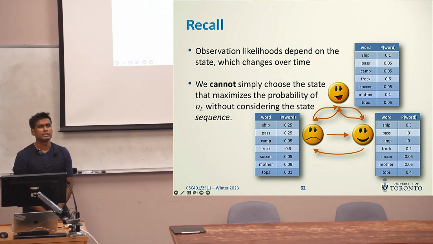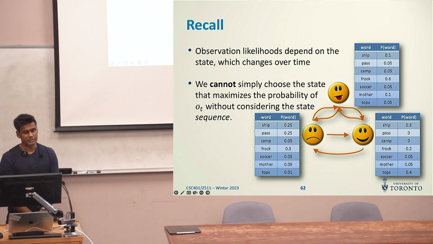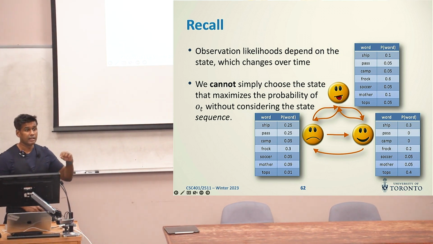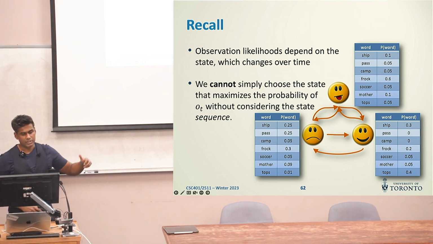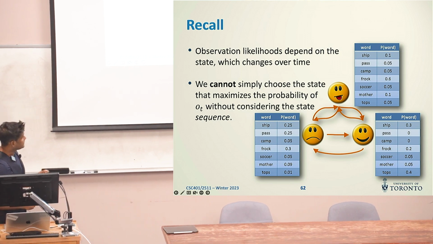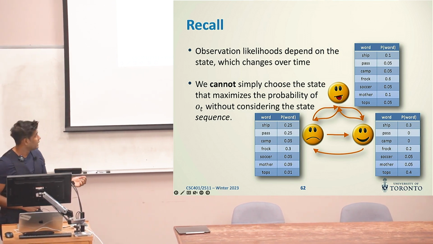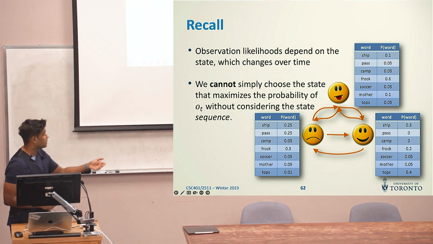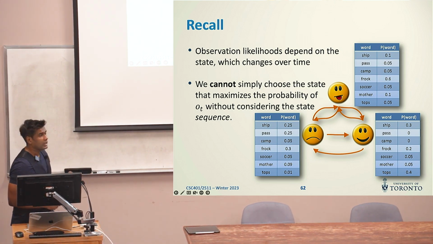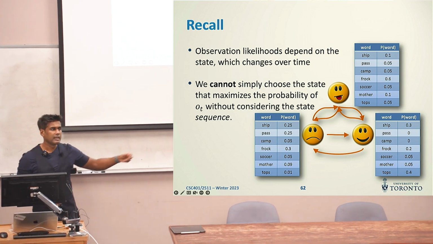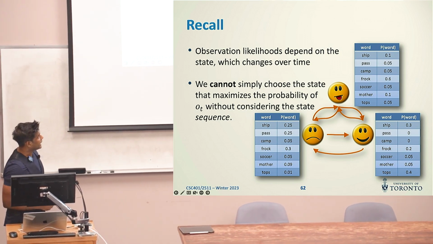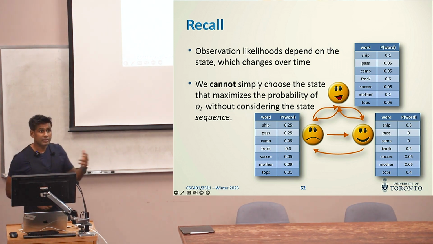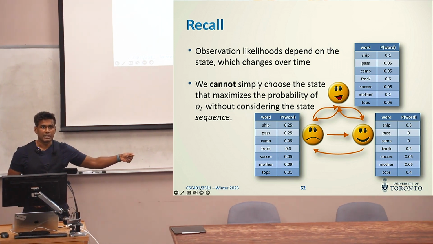Now, recall that the observation likelihood depends on the underlying state, and this underlying state is non-stationary, meaning that this state changes over time. So if we go with a naive way of explaining the state sequence, let's say we have the observation "tops", and we look at the emission probabilities, and it looks like "tops" has the highest probability when we're happy, so the underlying state sequence is happy, okay?